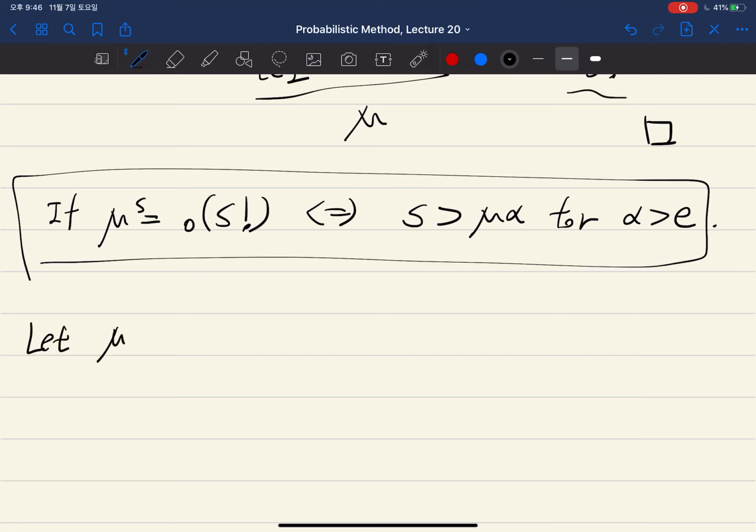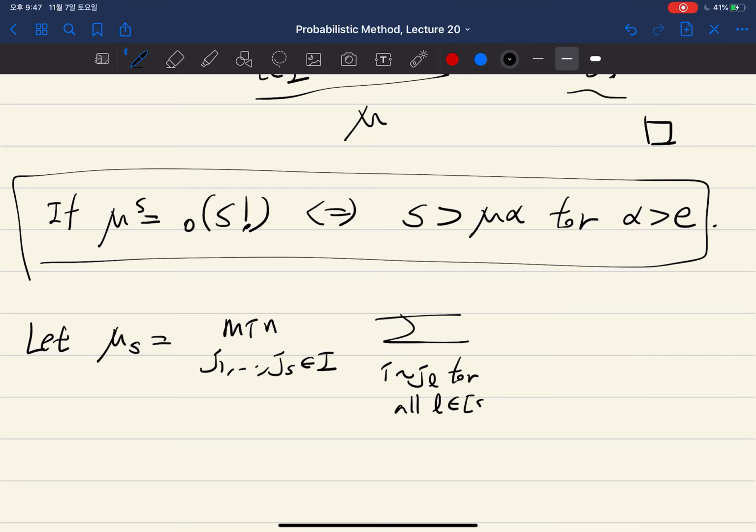Let mu sub S be the minimum over choices of J1 to Js in I, and you sum so that the S elements are fixed, and then you sum over all i where i is not related to any of them.